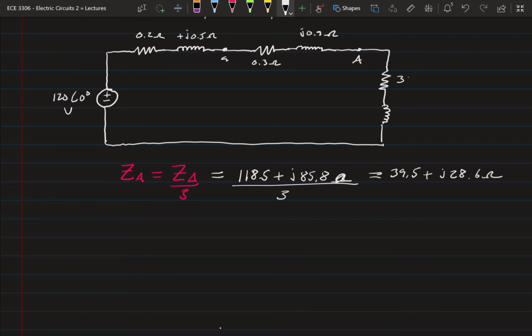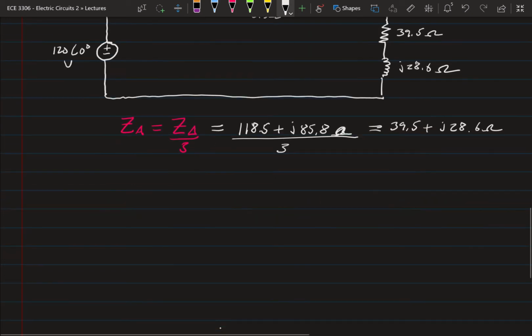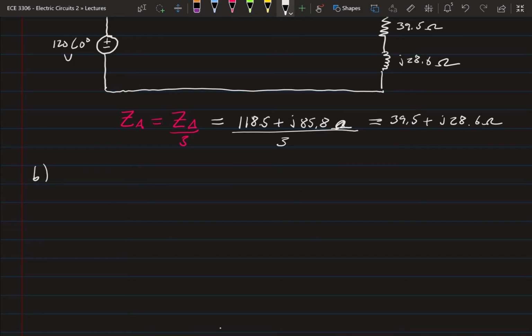So up here, 39.5 ohms and J 28.6 ohms. And there is our equivalent circuit. Next up, part B wants us to calculate the line currents.